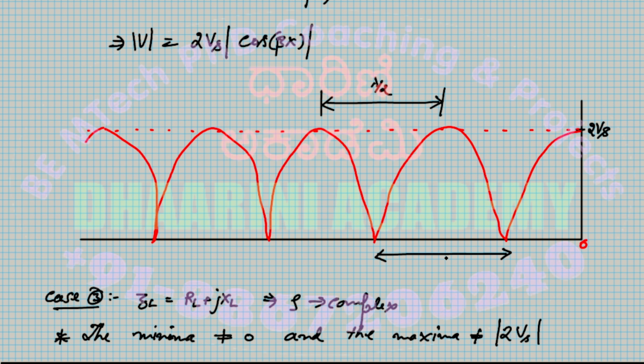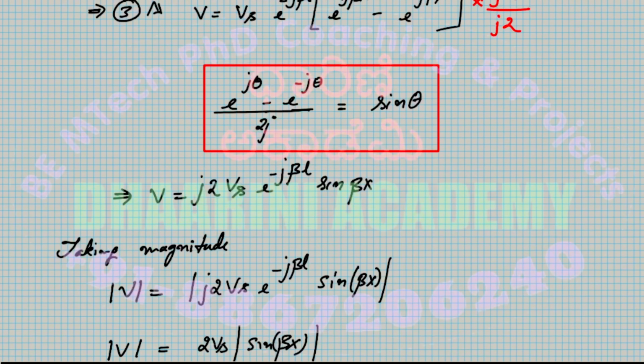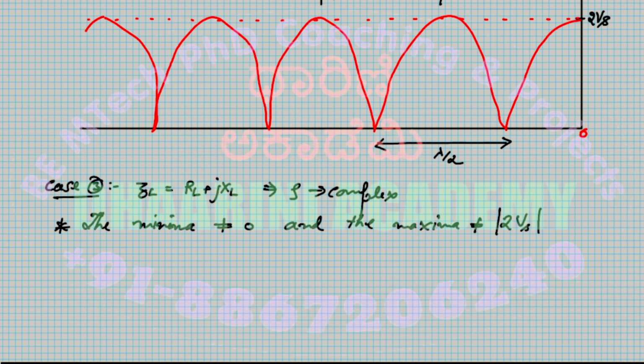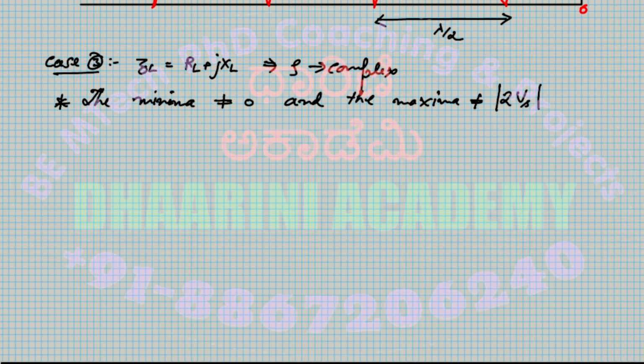So maximas are separated by lambda by 2, even the minimas are separated by lambda by 2. This is true even for the previous graph. I have not drawn it here, but it's going to remain the same. So that's the point here. There will be no minima touching zero, no maxima touching 2 Vs, but still the adjacent minimas and maximas are separated by lambda by 2, irrespective of the value of rho.